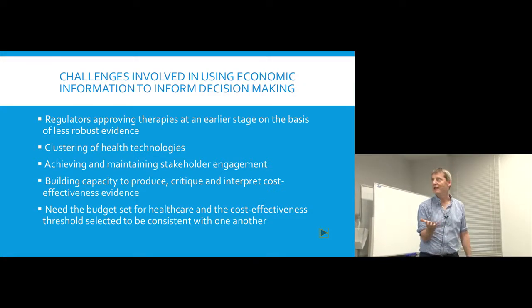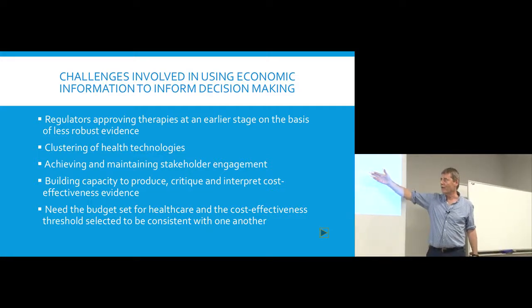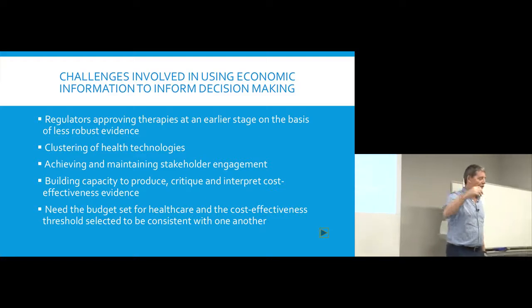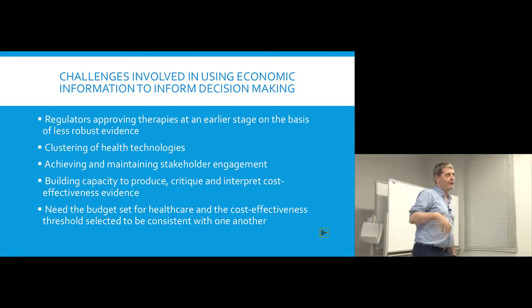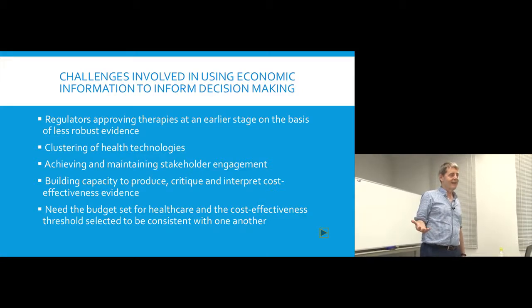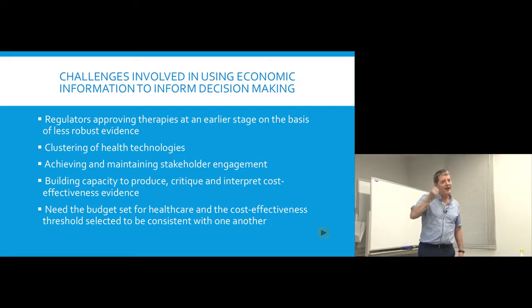It's got to be critiqued. And then among the decision makers themselves, it requires capacity to interpret the evidence. What does it mean? Now, we might all think, well, we know what £25,000 per additional QALY gained means, but it's not what the headline means. It's to what extent can we rely on that number?